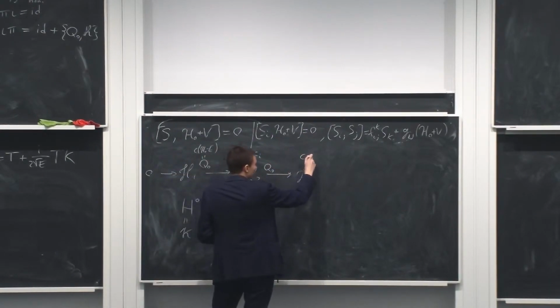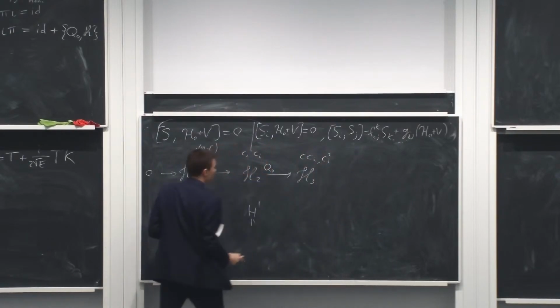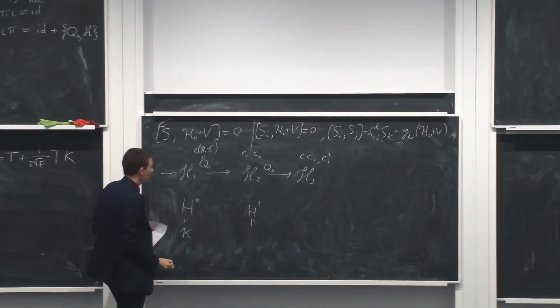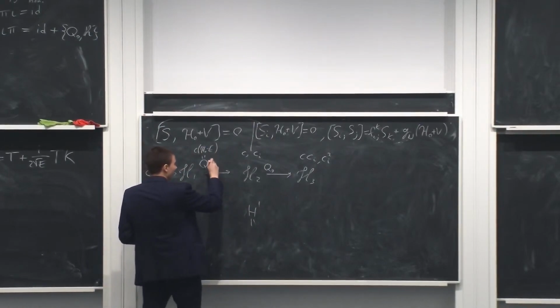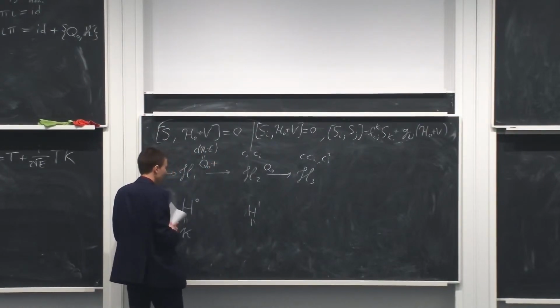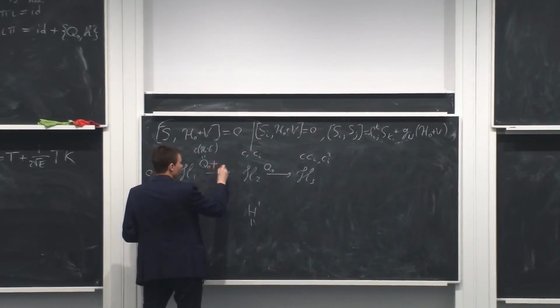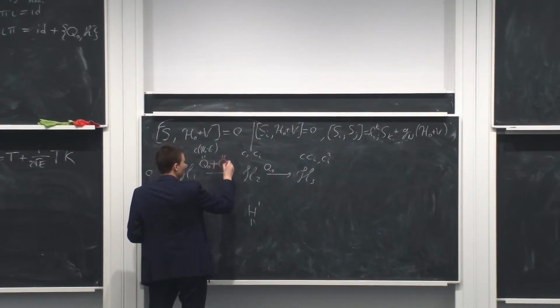Here it's quadratic, so it's like maybe C_i squared, something like this. And let's add some Q1 that is of this sort.